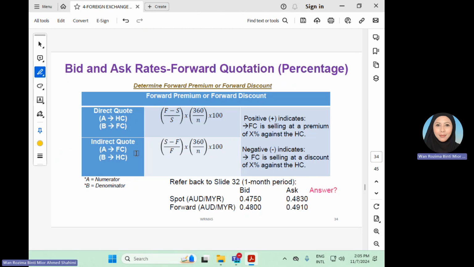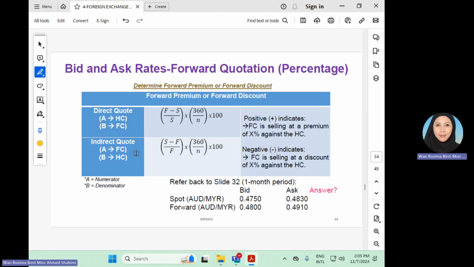I repeat the interpretation. First, I ask you to calculate, and you get negative 12.5. Am I right? Then you justify or interpret: Aussie dollar is selling at a discount against Malaysian ringgit. Australian dollar, AUD, is selling at a discount against Malaysian ringgit.